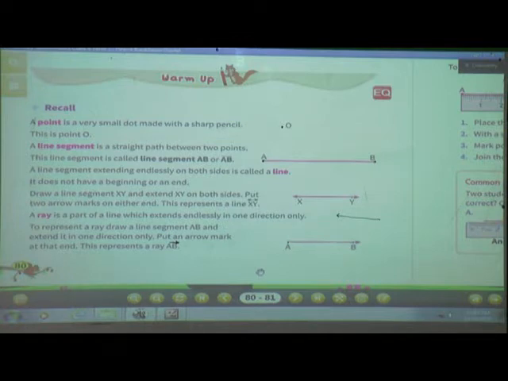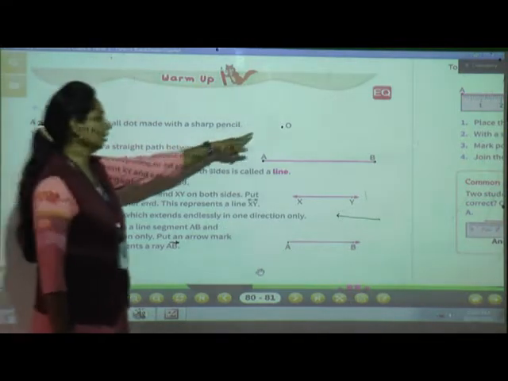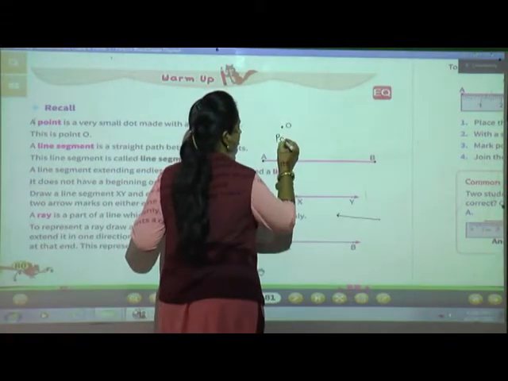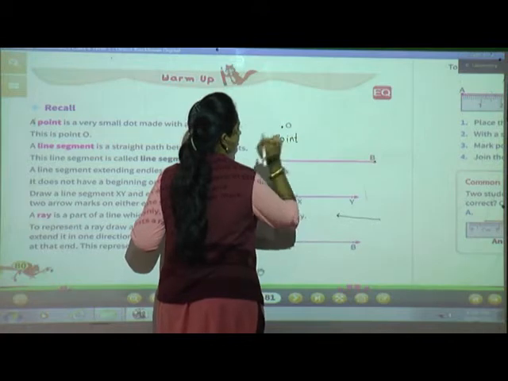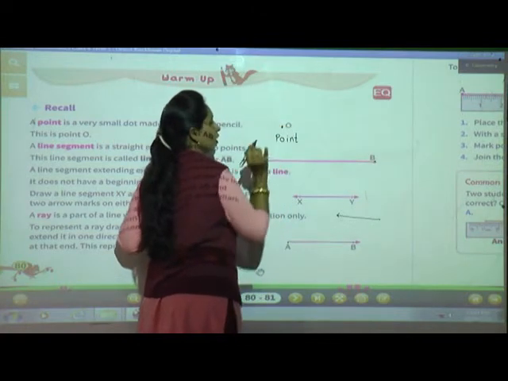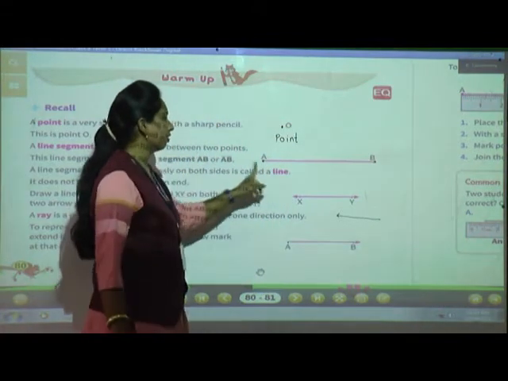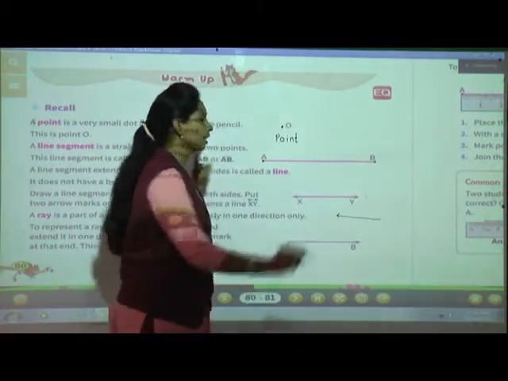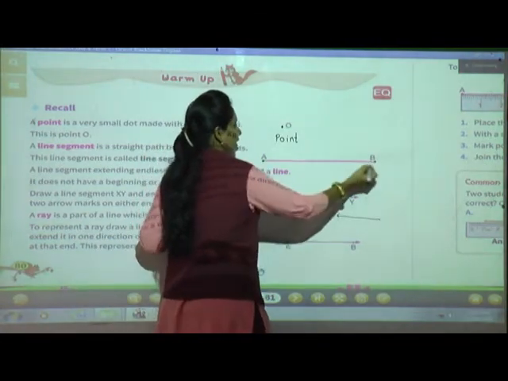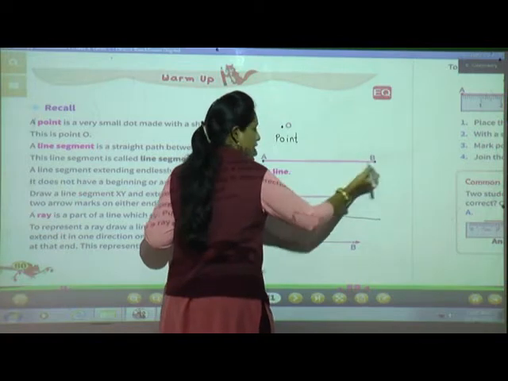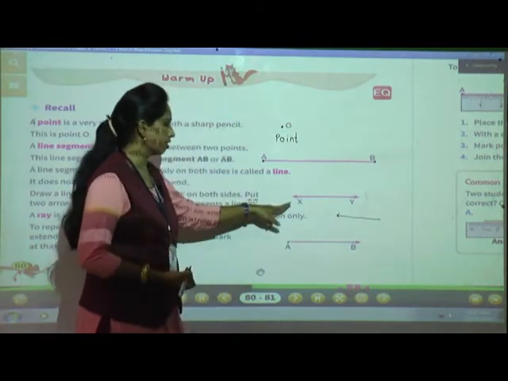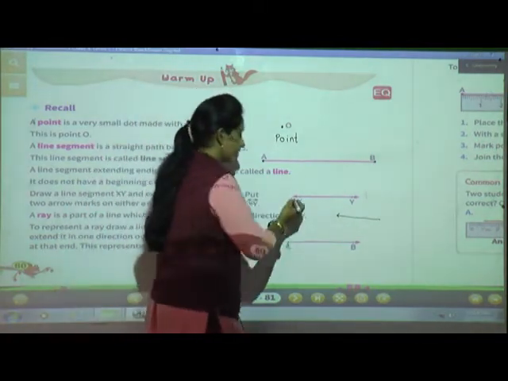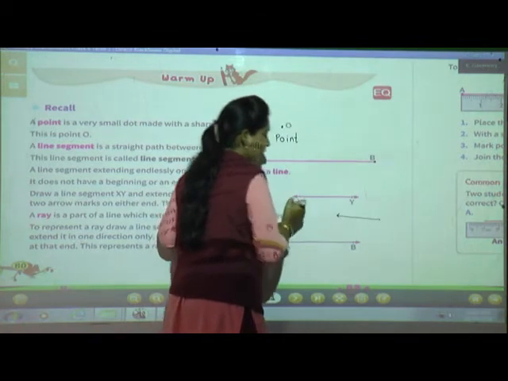Clear? See, this is a point. Just give the dot with a sharp pencil. This is a line segment. A line segment has 2 points. We have to join the line. This is a line. In a line we have to give 2 arrows.